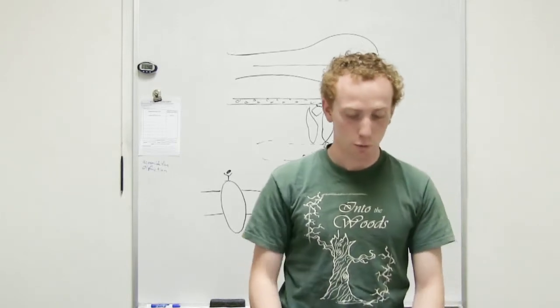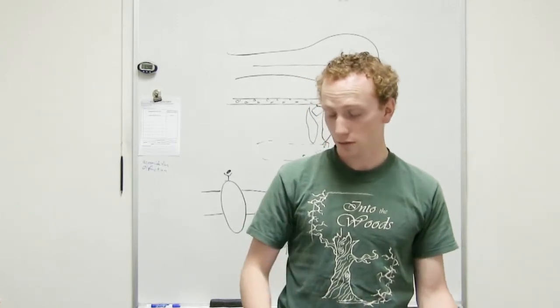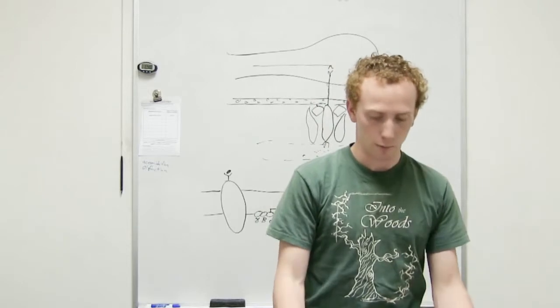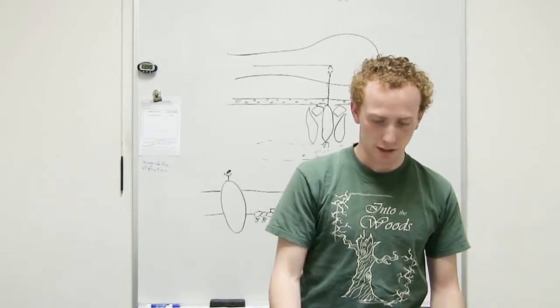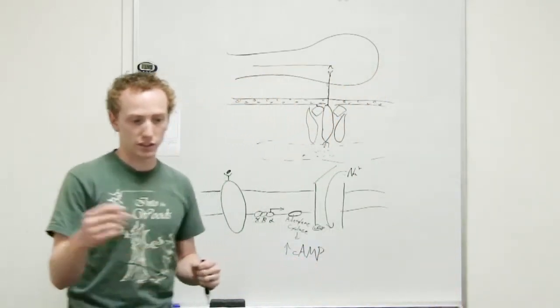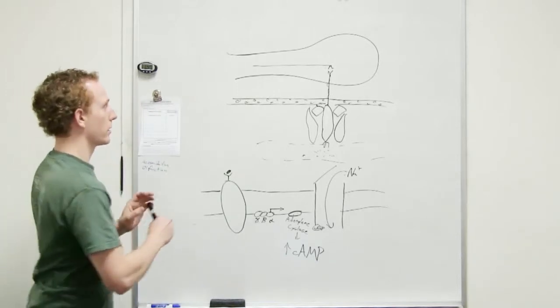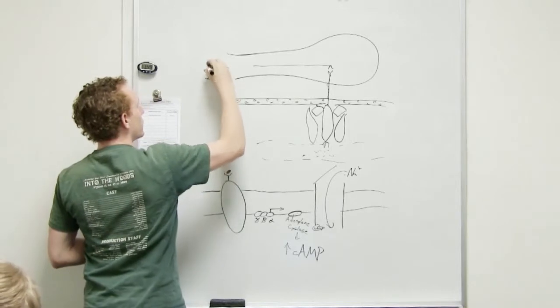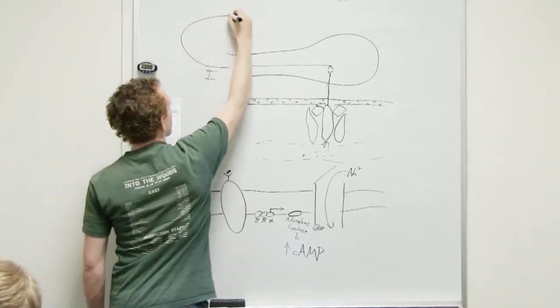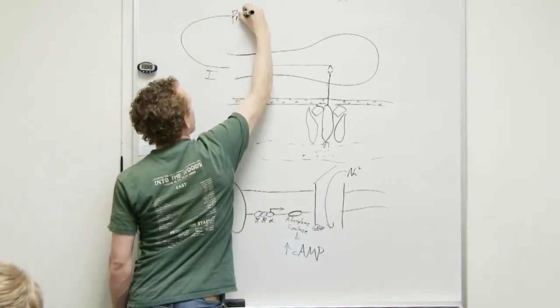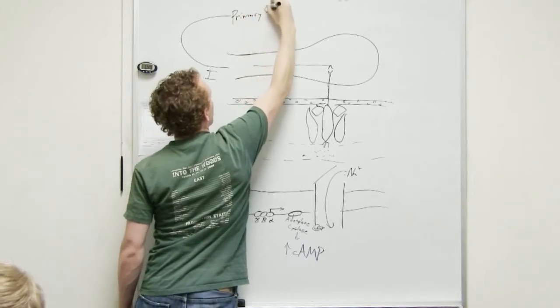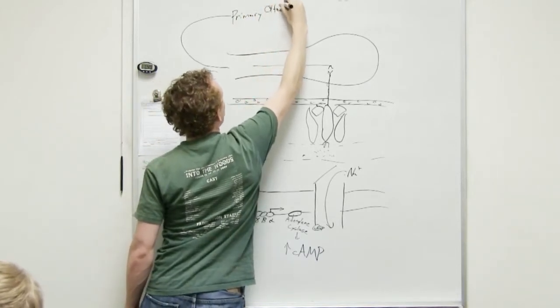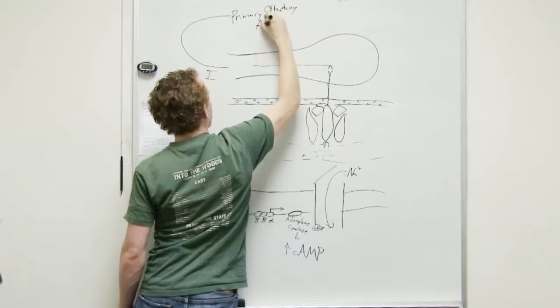And then, where does it go? So there's the primary olfactory area, which is in the temporal lobe. So it goes up cranial nerve number 1 to the primary olfactory area.